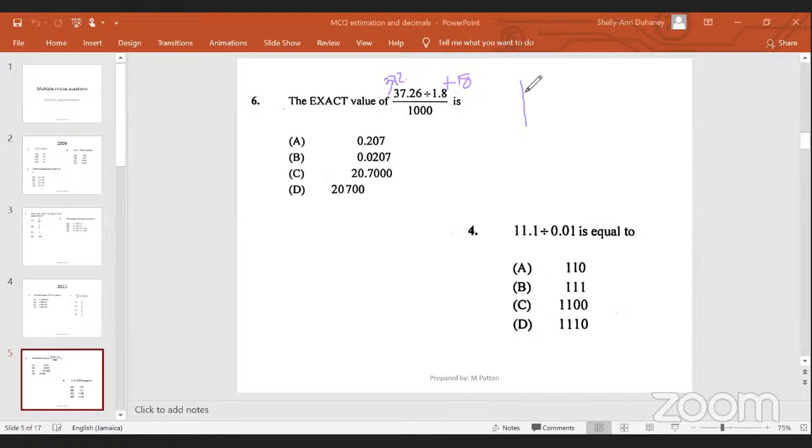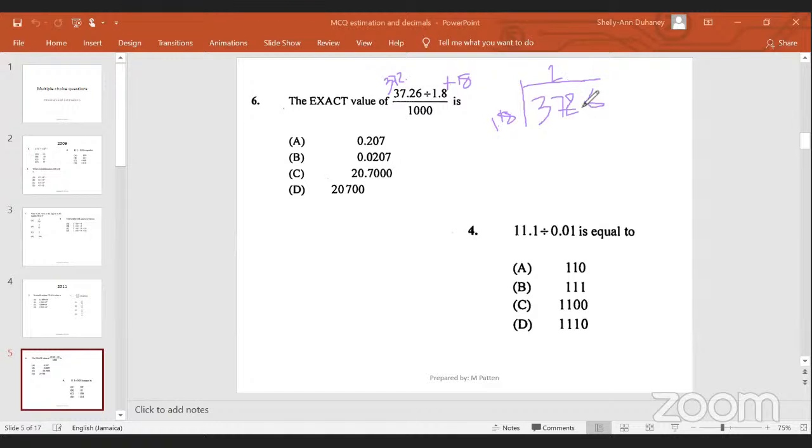Can anybody tell me what is the result? 20.7. So 18 goes into 372.